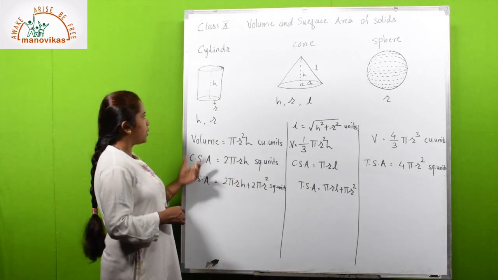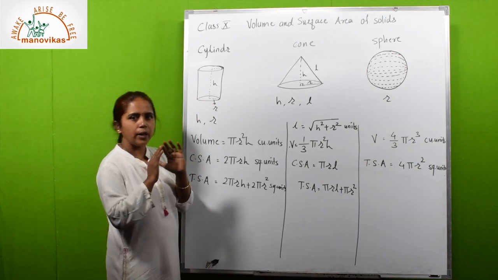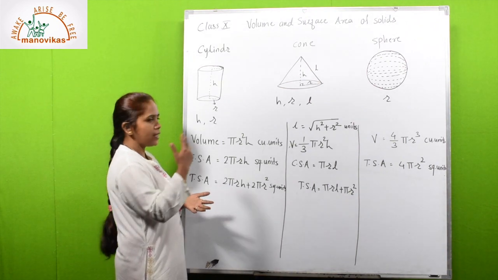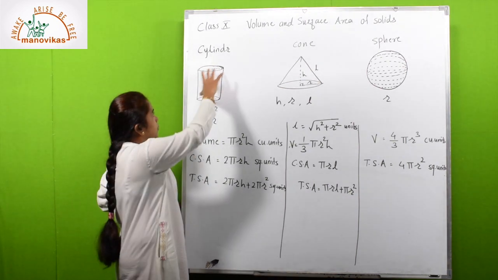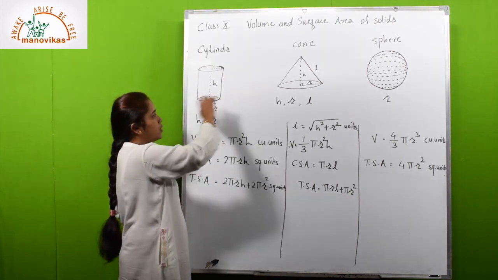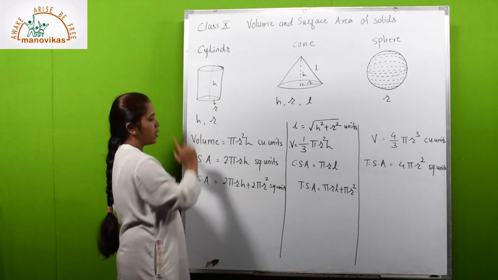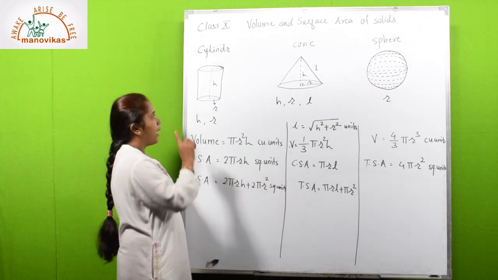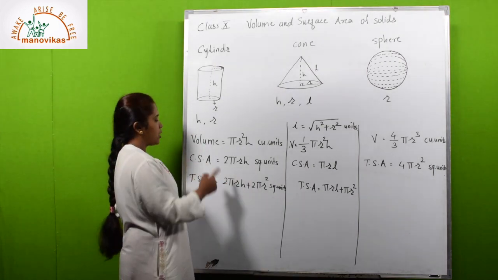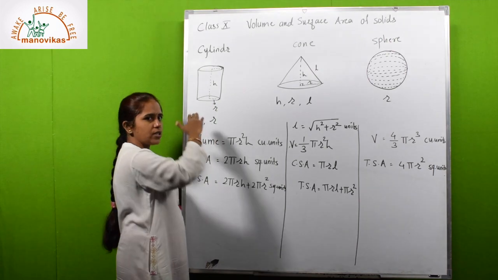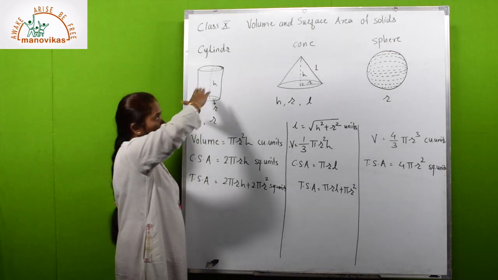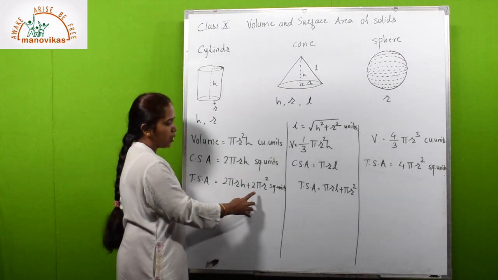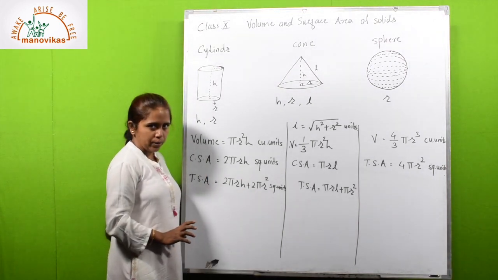Then curved surface, there are two surfaces, mainly curved and the top and bottom, which are called bases, two bases that are in circular form. So curved surface area will be 2 pi rh square units, and total surface area is nothing but the curved surface area plus the two bases, that is 2 pi rh plus 2 pi r square.